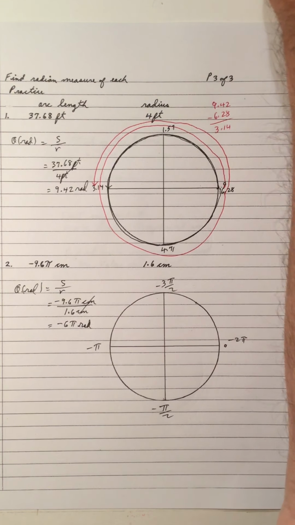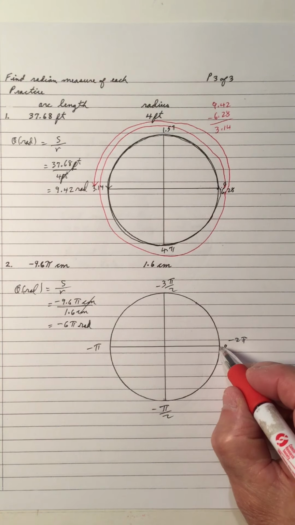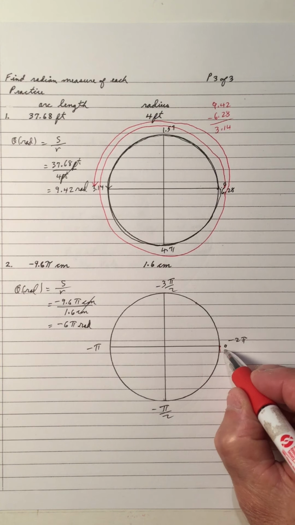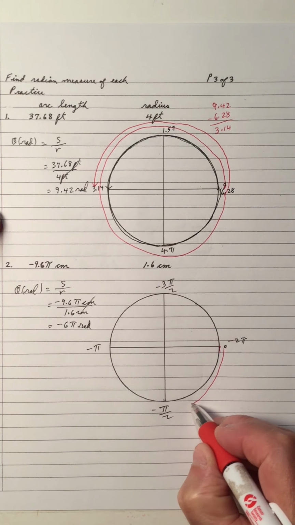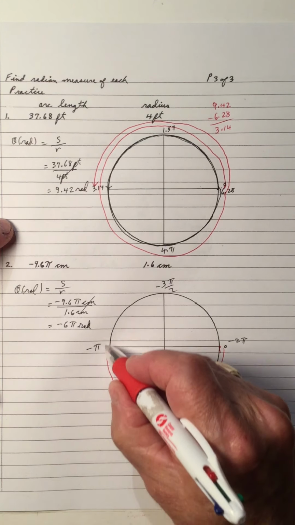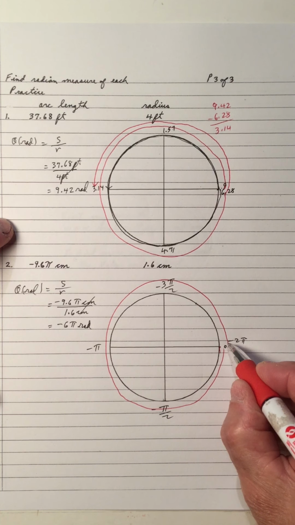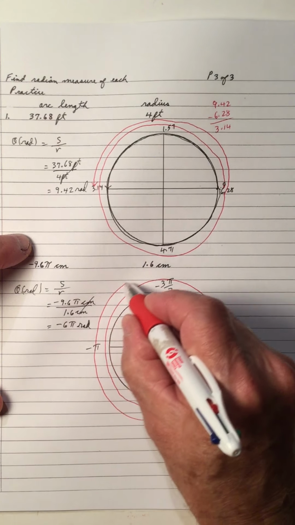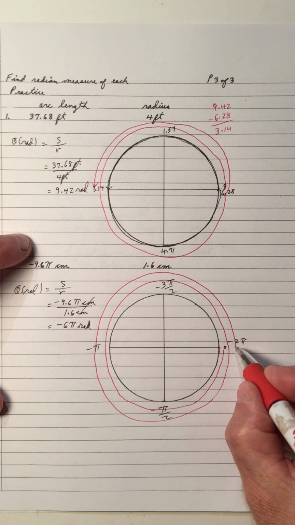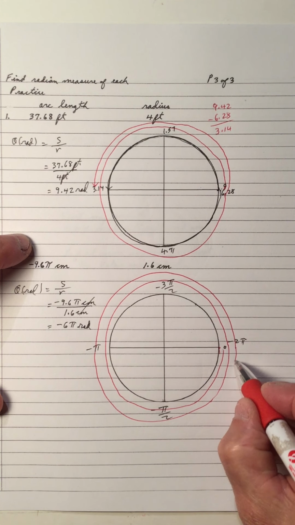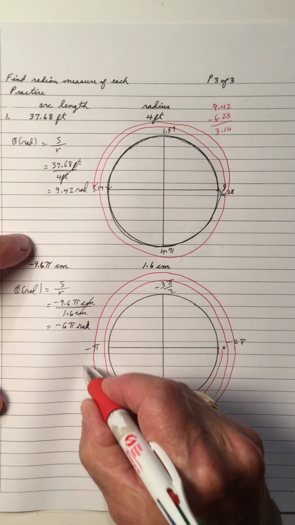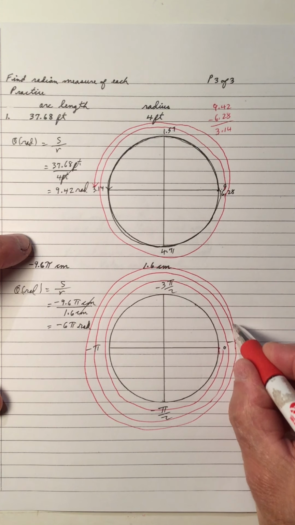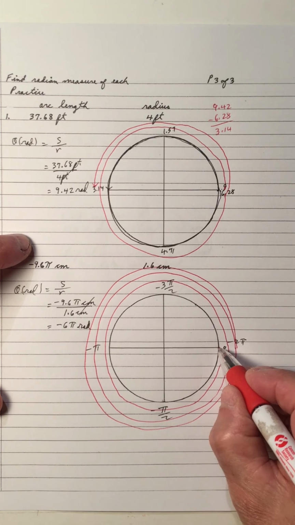So negative 6 pi, let's rotate. So we start here, and we make one revolution right around, going this way. So that's 2 pi. We go again. That's another 2 pi. It's negative 4 pi. And we go once more. We come right back to right where we started, right there.